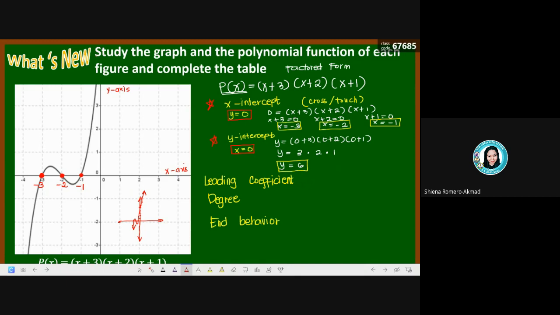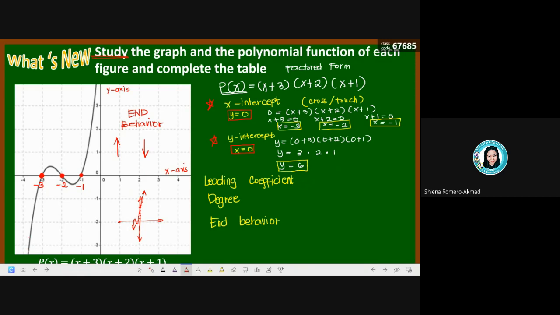So, ano naman yung kailangan nating aralin dyan? Ang kailangan kasi nating aralin dyan is yung behavior ng graph. When I say behavior, or also known as the end behavior of the graph, aalamin mo yung kaliwang tail niya at yung kanang tail kung saan papunta. Pataas ba? Pababa ba? Dito sa graph na to, hindi nyo makikita kasi putol yung graph and kasi continuous yung graph natin.